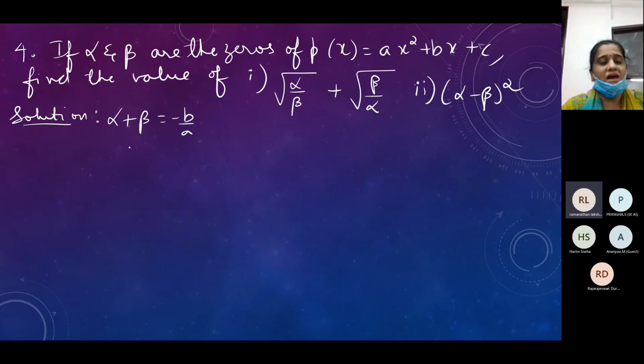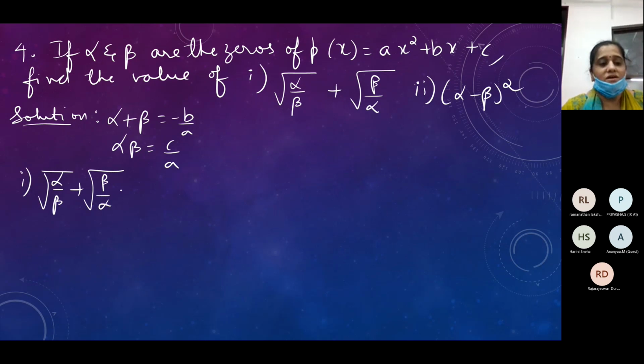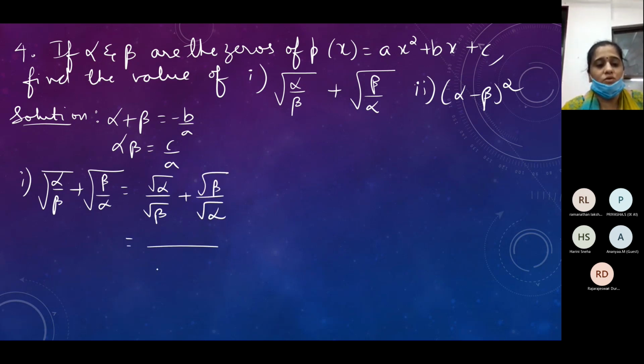Minus b by a. Alpha beta, c by a. We'll take up the first one. Root of alpha by beta plus root of beta by alpha can be written as root alpha by root beta plus root beta by root alpha. Root alpha into root beta is a common denominator. So you'll get root alpha, the whole square, plus root beta, the whole square.